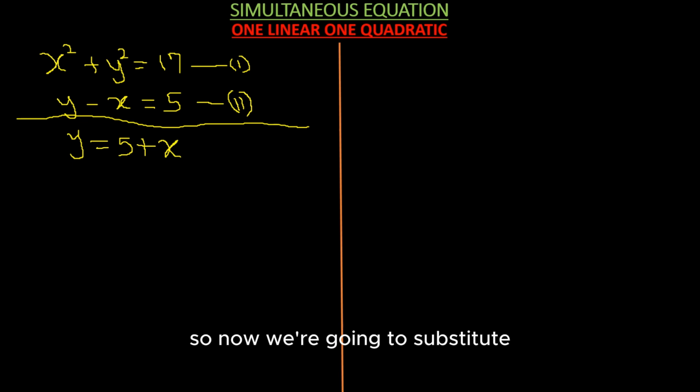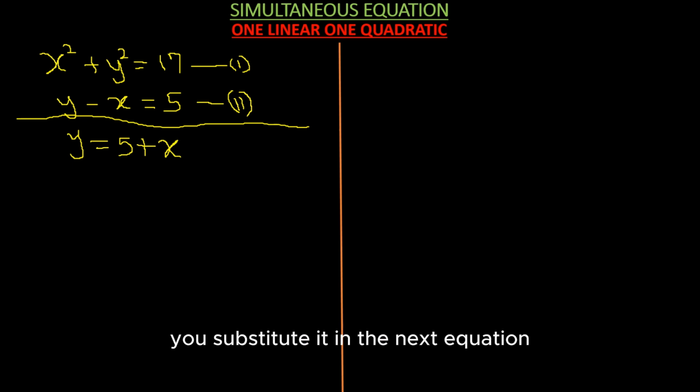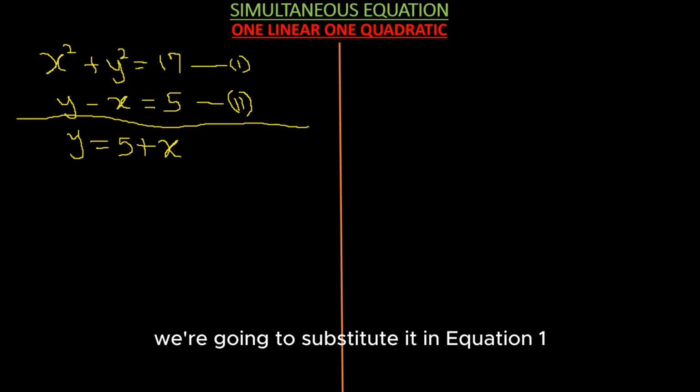Now we're going to substitute 5 plus x for y in equation 1. Like I mentioned in the video of substitution, if you make a particular unknown the subject in an equation, you substitute it in the next equation. Don't substitute it in the same equation. Since we made it the subject in equation 2, we substitute it in equation 1.